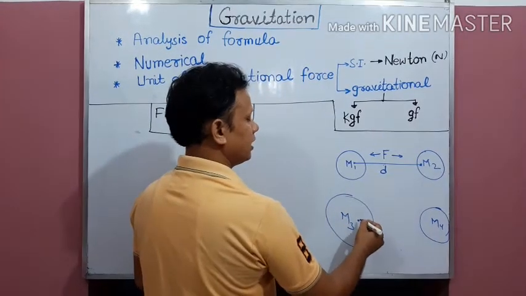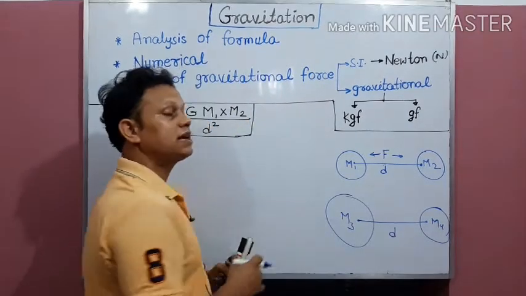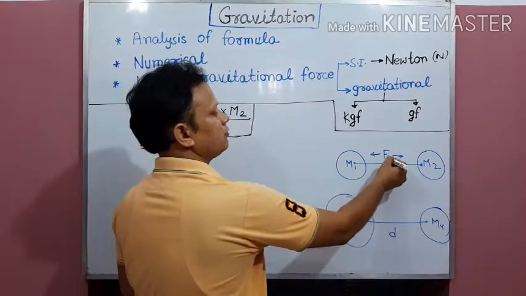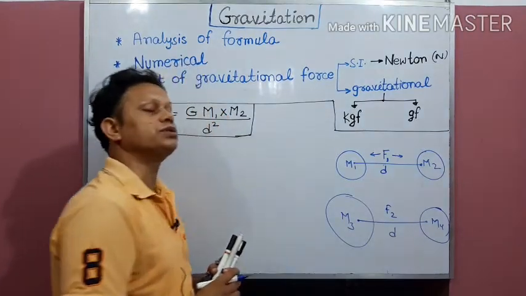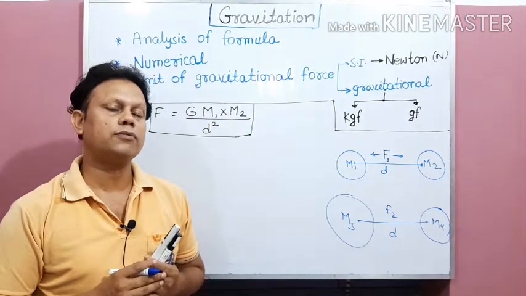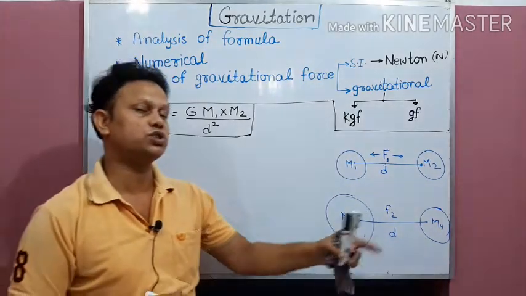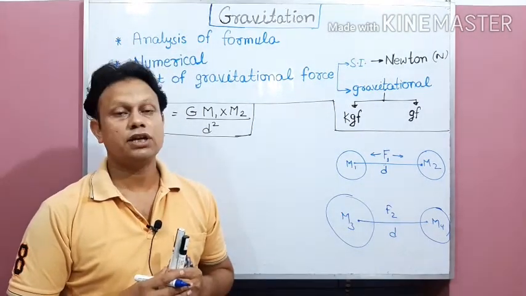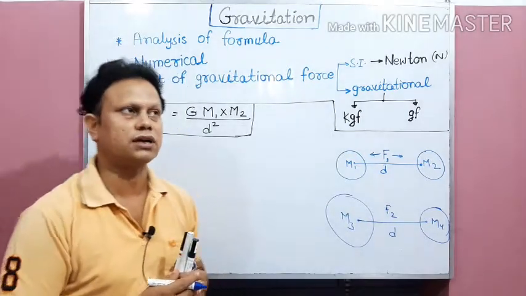Two objects are there and their distance is still d only, but the masses have been changed. Now suppose we have to compare the force in the first situation and the force in the second situation. By using analysis of formula, we can compare the gravitational force in these two different situations, where only the masses have been changed, in a smarter way. So how can we do so? That we are going to understand.